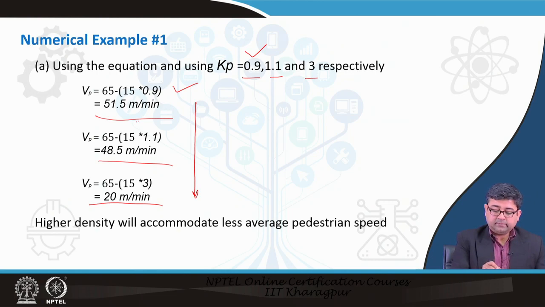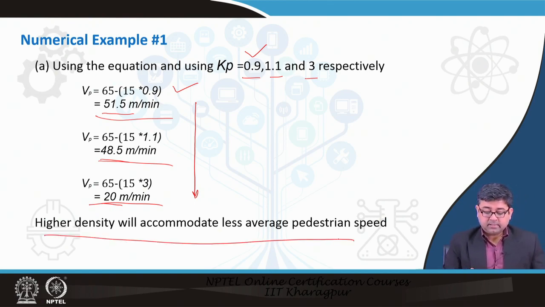So, speed for 0.9 is 51.5, then decreases to 48.5 and then finally it decreases to 20. This is how usually the relationships are. Higher density will accommodate less average pedestrian speed.